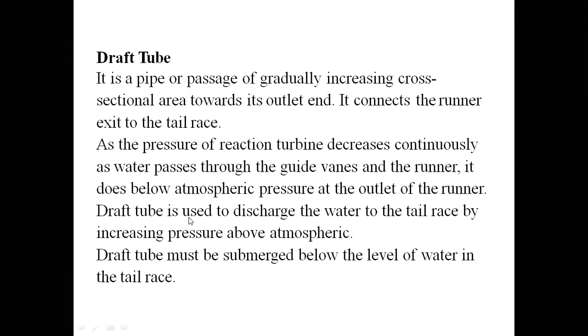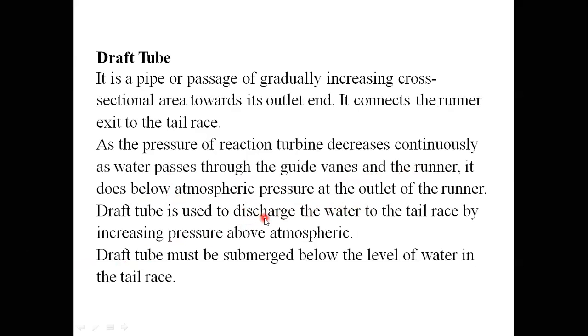Now, another component, draft tube. See here, it is a pipe or passage of gradually increasing cross-section area toward its outlet end. It connects the runner exit to the tailrace. So as the pressure in the reaction turbine decreases continuously as water passes through the guide vanes and the runner, it goes below atmospheric pressure at the outlet of the runner.